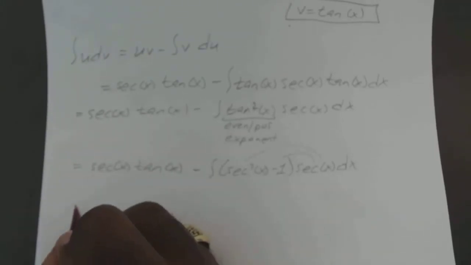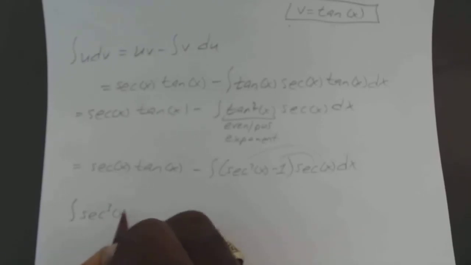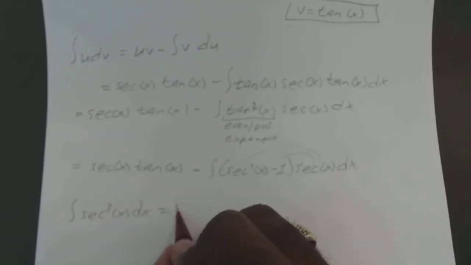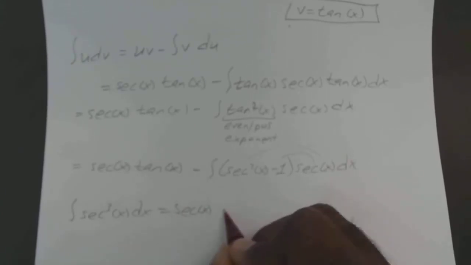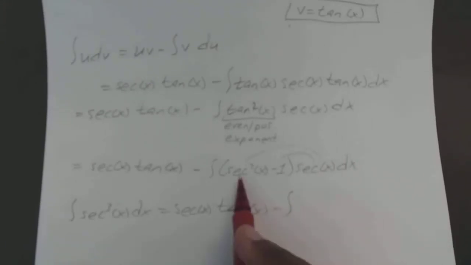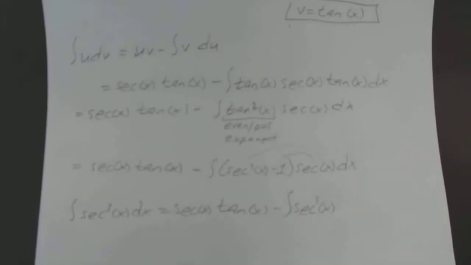Yep, actually let me write it so it won't get lost in the shuffle. We're still going with the integral of secant cube x equals secant x tangent x minus the integral of secant cube x dx plus secant x.